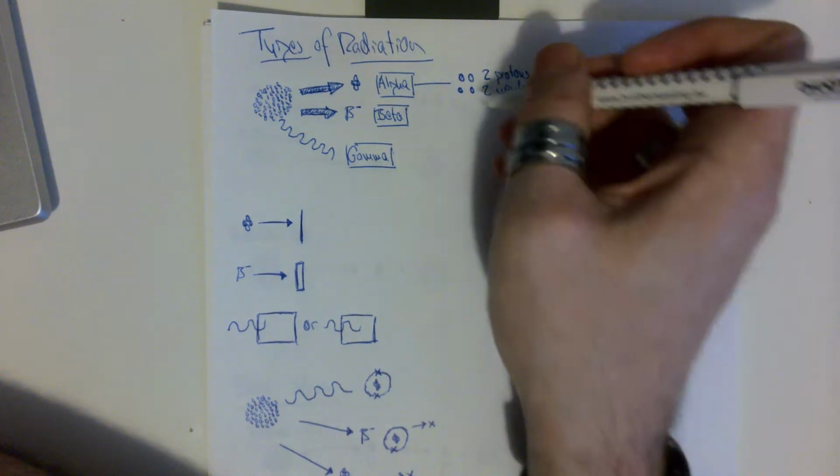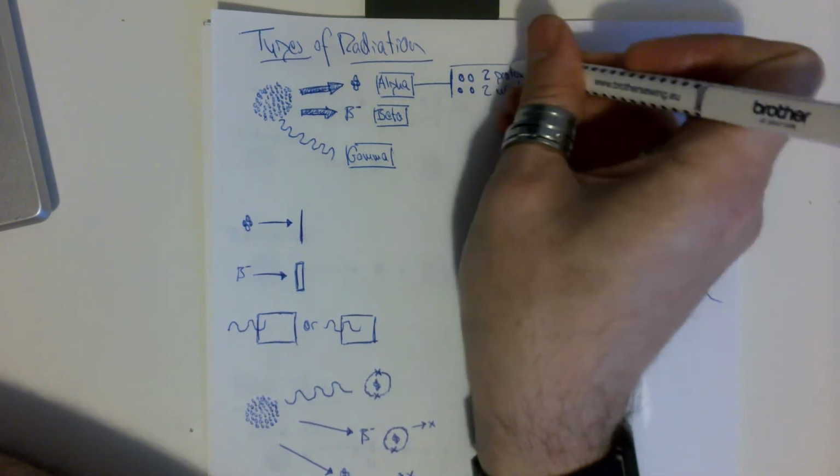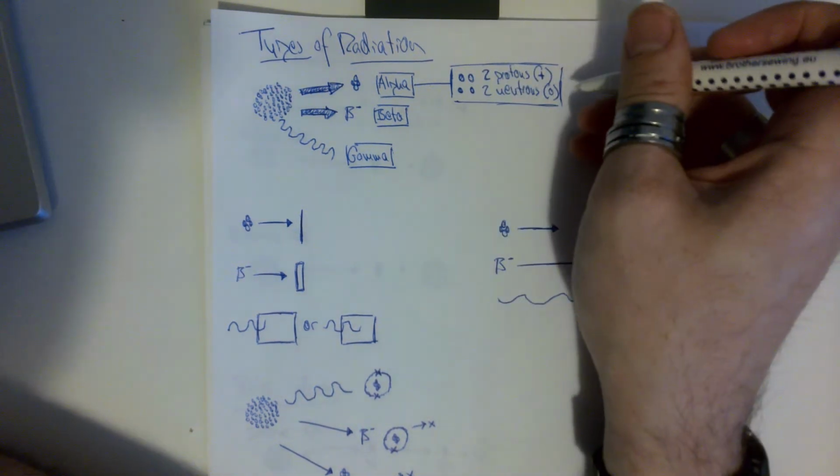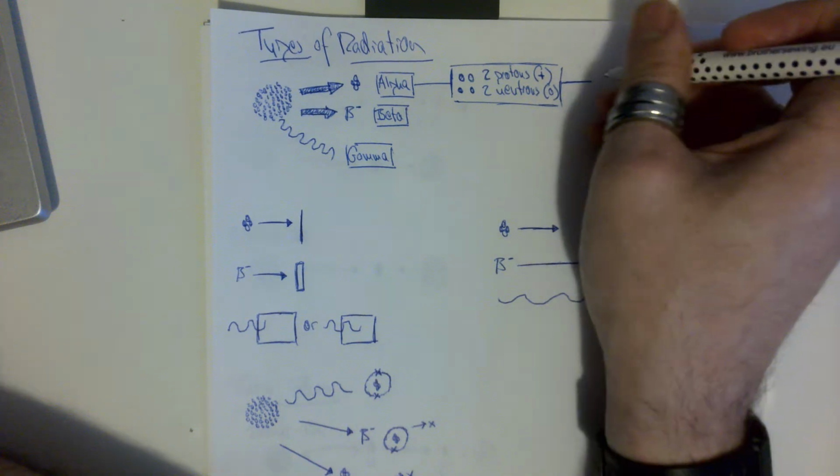So overall, alpha particles that are emitted as alpha radiation have a positive 2 charge.